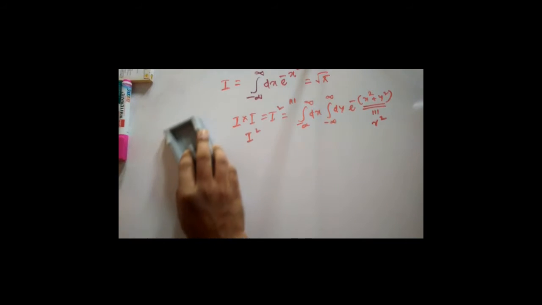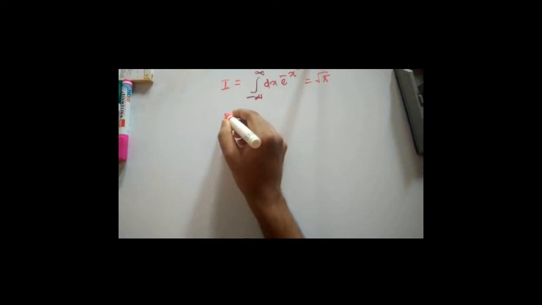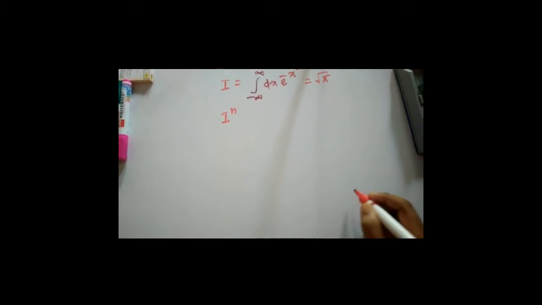And here I want to show you that it is not necessary to transform only in a two-dimensional coordinate system, we can transform it in an n-dimensional coordinate system, right? That means we can write I to the power n, so there is a generalized coordinate.